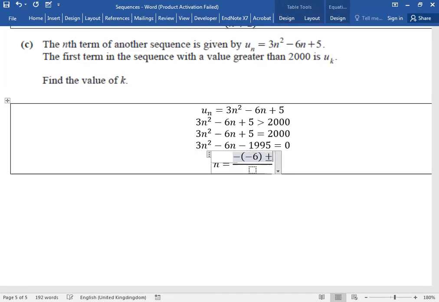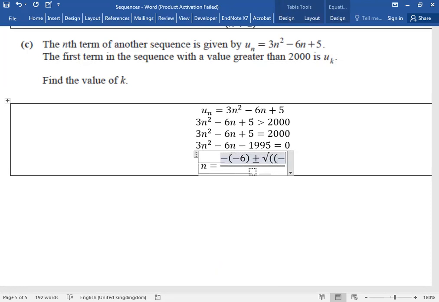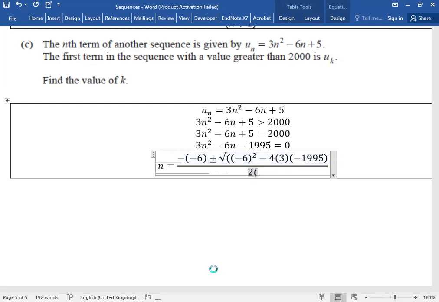Minus b plus minus under root b square minus 4ac upon 2a.